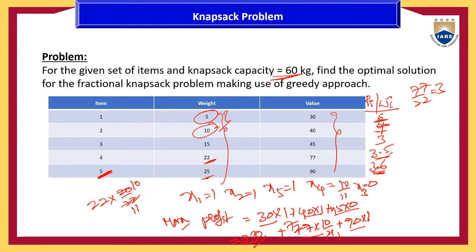So the maximum capacity value is 230, and the optimal solution set is x1 equal to 1, x2 equal to 1, x3 equal to 0, x4 equal to 10 by 11, x5 equal to 1.